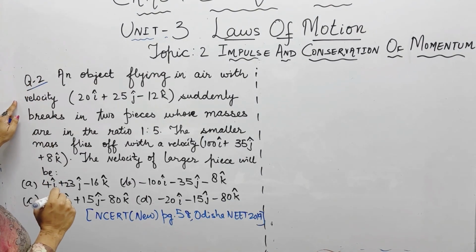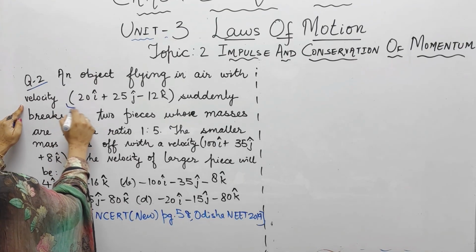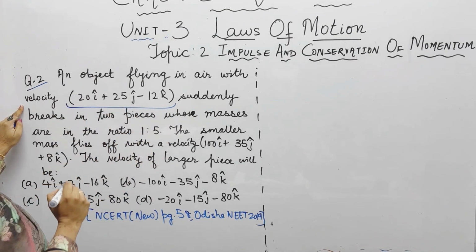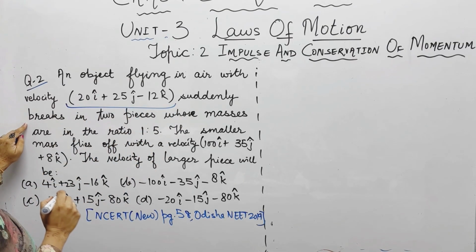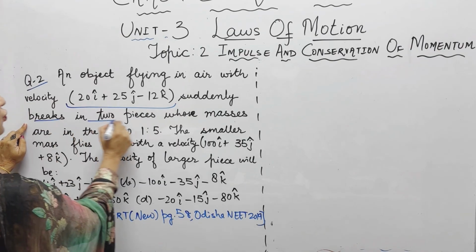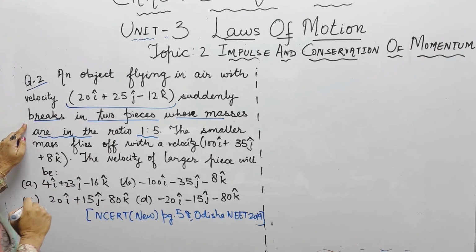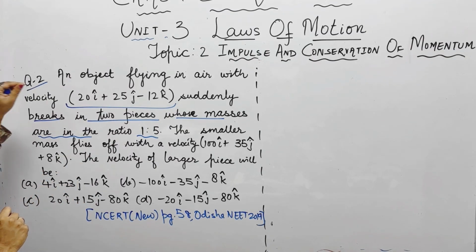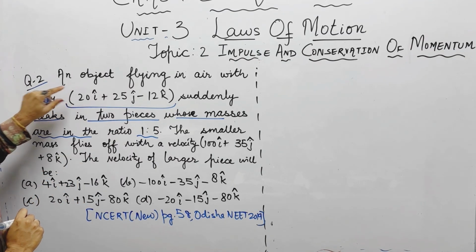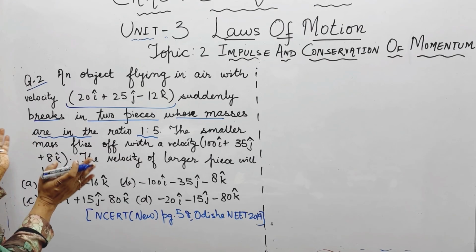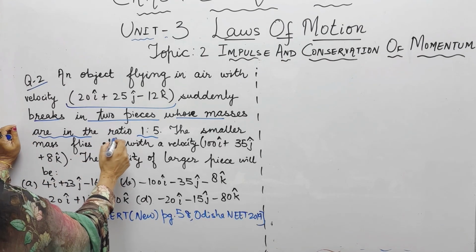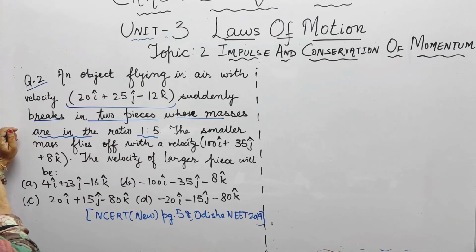An object flying in air with velocity 20 I cap plus 25 j cap minus 12 k cap suddenly breaks into two pieces whose masses are in the ratio 1:5. A body having some mass is moving with this velocity. In between, it has broken into two pieces. They are having the ratio 1:5.